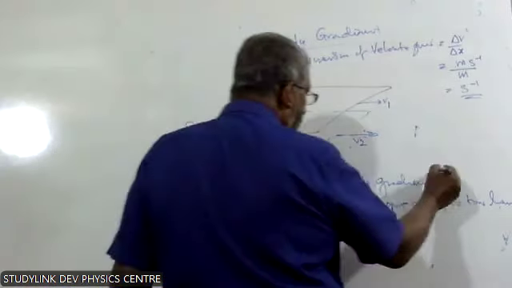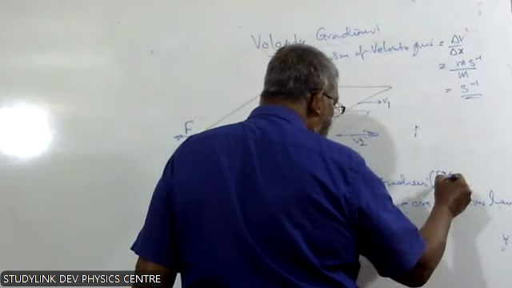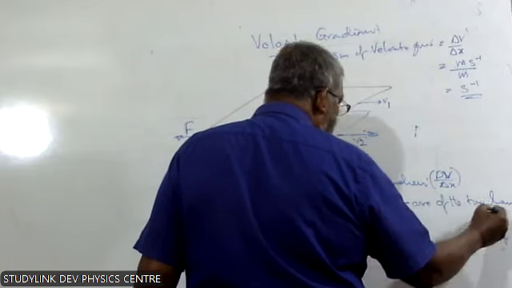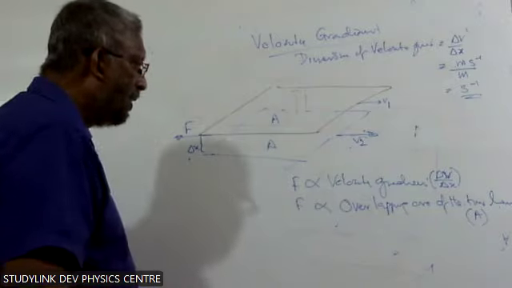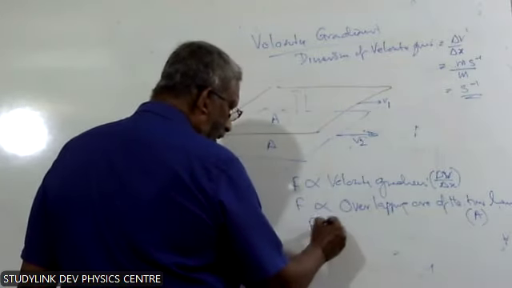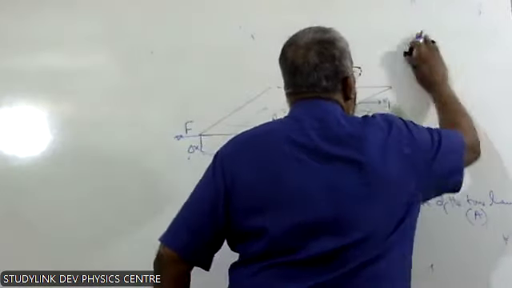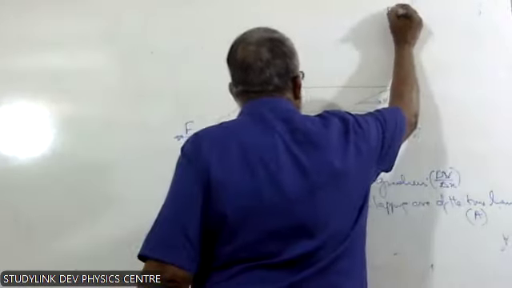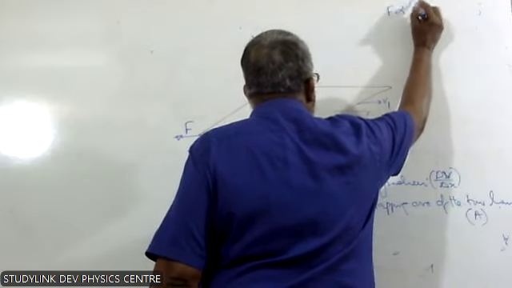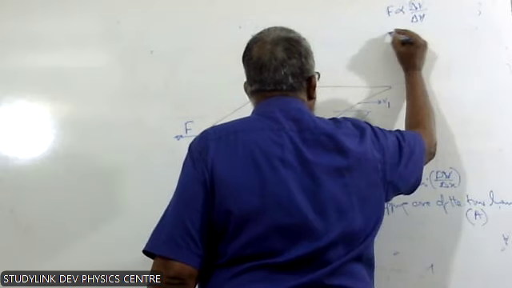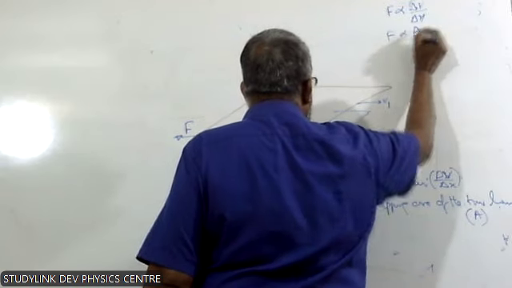So the velocity gradient is delta V over delta X. This is the common or overlapping area A. So F is directly proportional to delta V over delta X, and F is directly proportional to the overlapping, common area A.